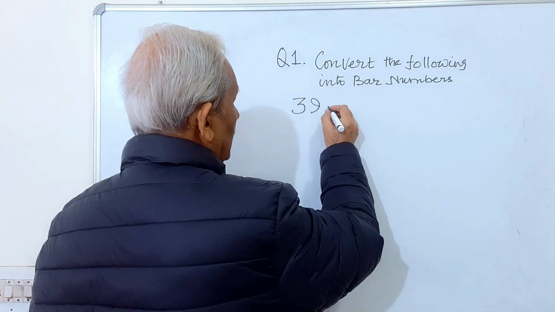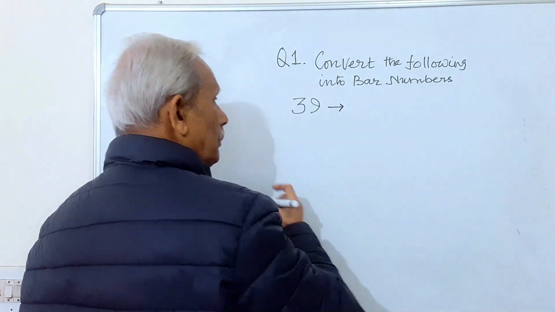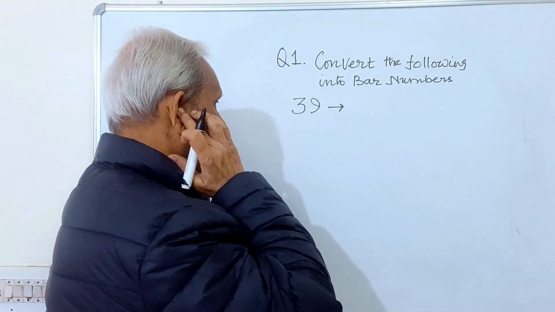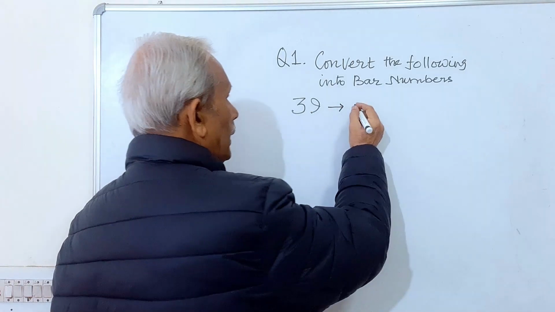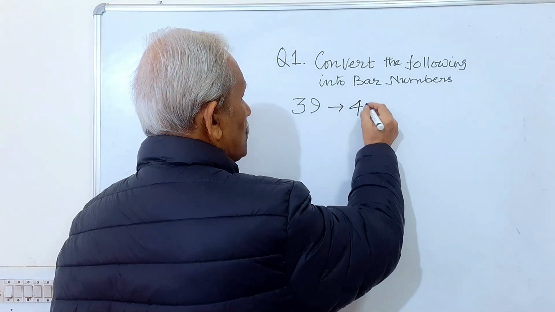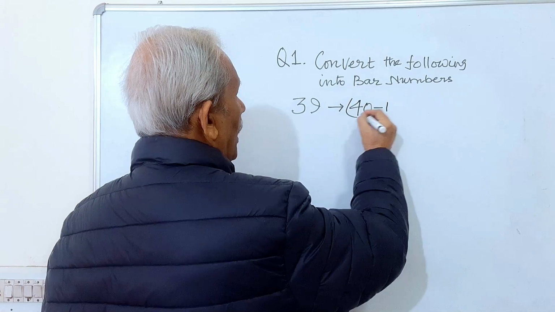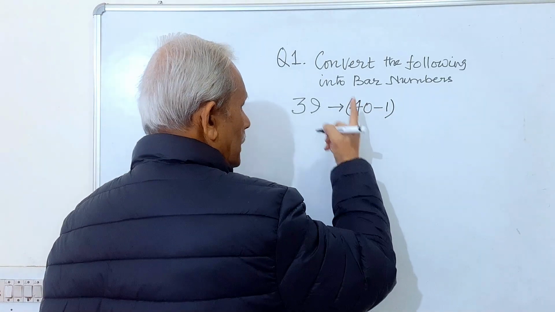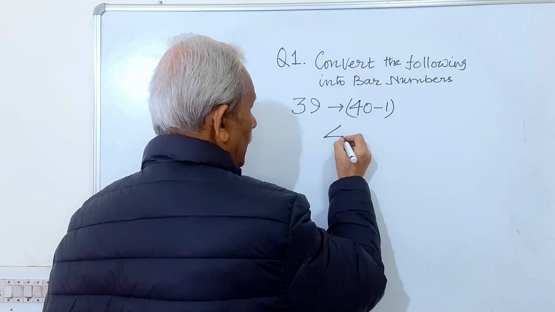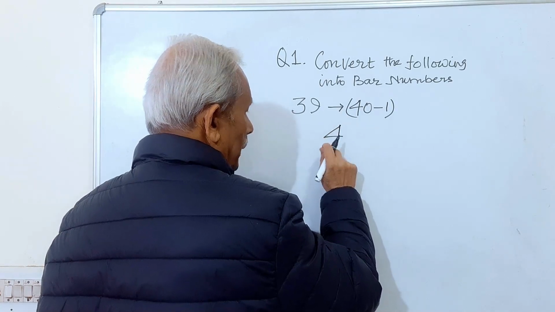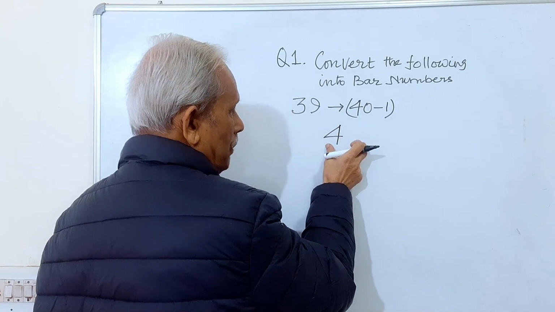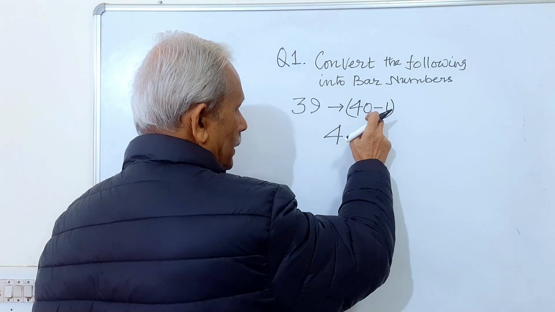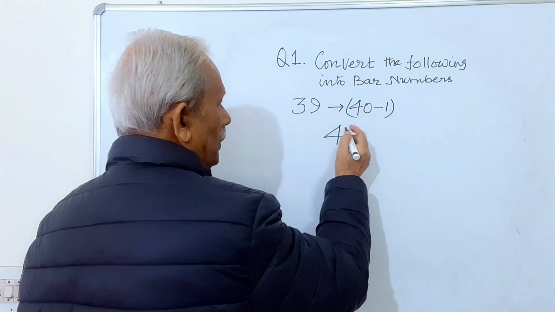39 can be written as, for the first question I will explain everything again, 40 minus 1. And then what you do is, we write 40, that is 4. It will be in the tens place, so its place value is 40, and then we write this minus 1, a negative number.